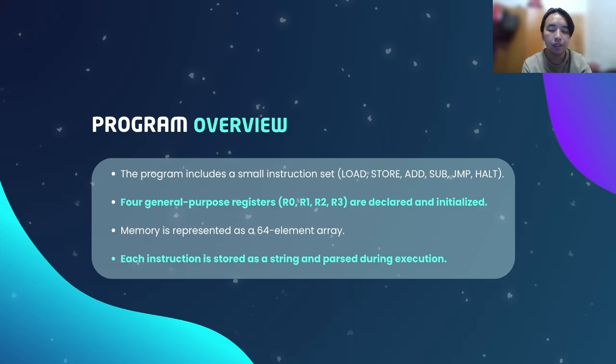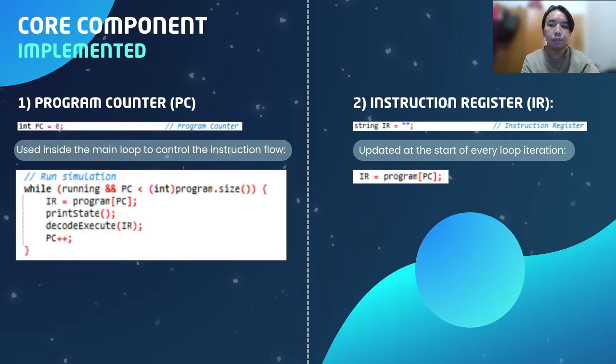And the memory is represented as a 64 element array, and each instruction is stored as a string and parsed during the execution. In the CPU program, there are 4 core components which are implemented: the program counter, the instruction register, the registers, and the memory.